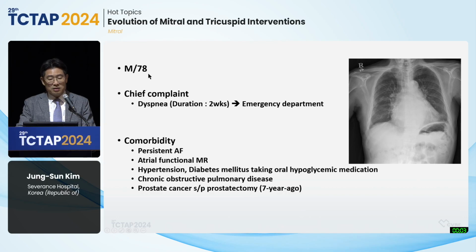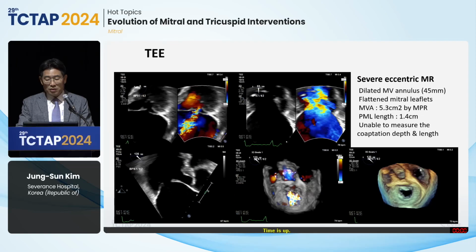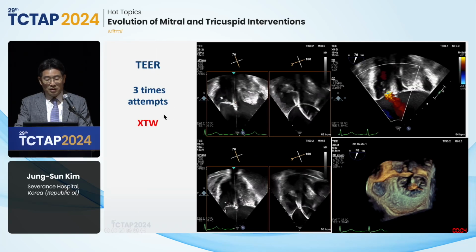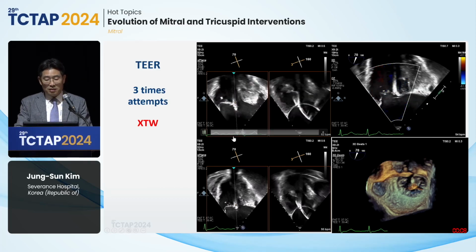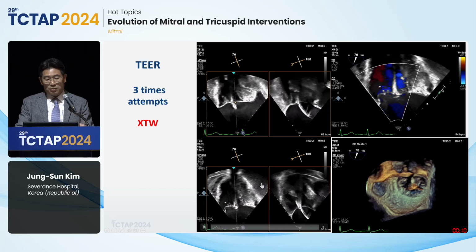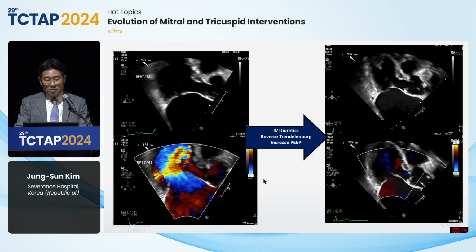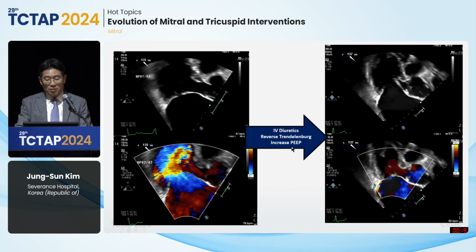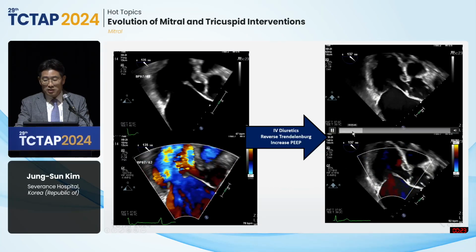Here is one case, a 78-year-old male with severe atrial functional MR, as you can see here. Although we did three attempts, we could not grasp both mitral leaflets well. Then we applied IV diuretics, reverse Trendelenburg position, and increased PIV to decrease the preload and improve the coaptation.